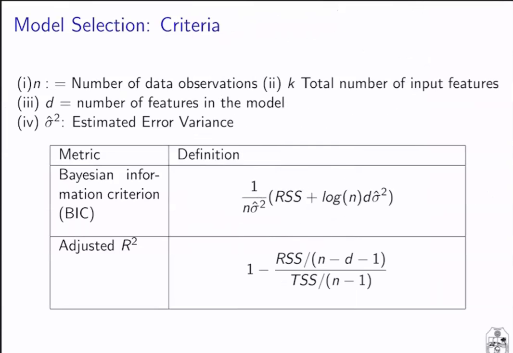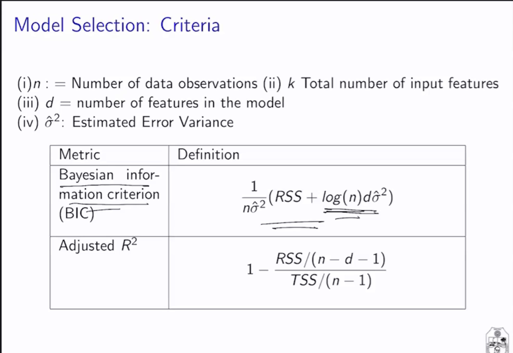The third criteria that you can use, if your data is Gaussian distribution, is the Bayesian information criteria. In the Bayesian information criteria, the term is further modified by having log of n. This quantity needs to be minimized while selecting the model.